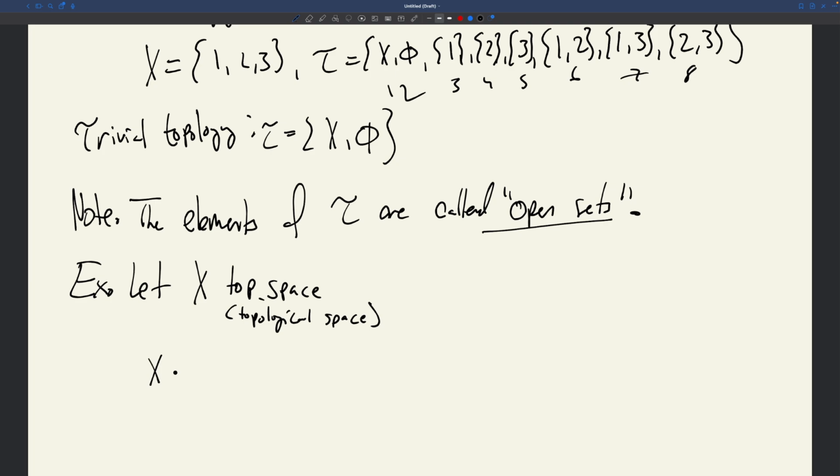So X is discrete if and only if for all x in X, the set {x} is open. Perfect.